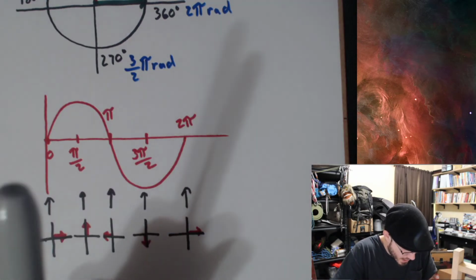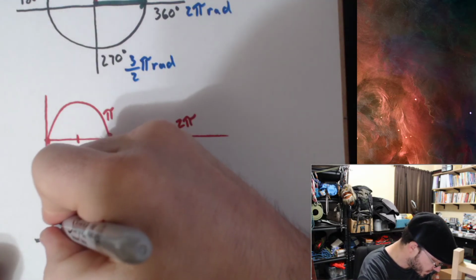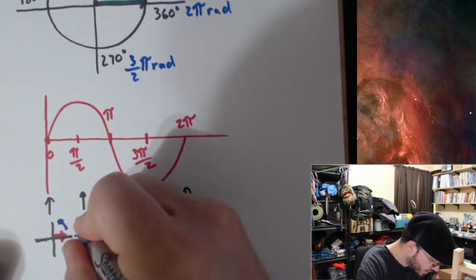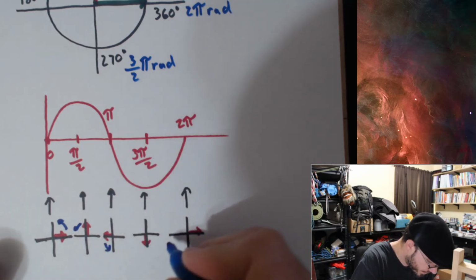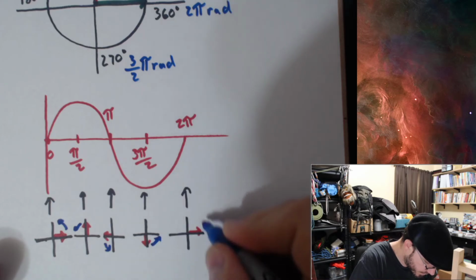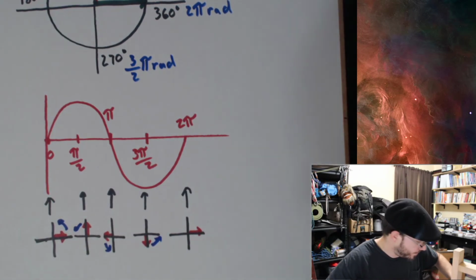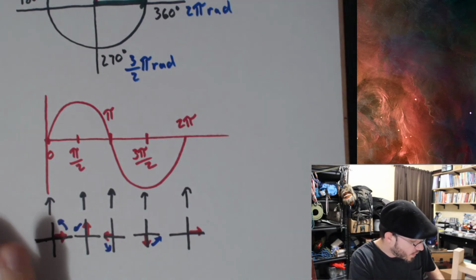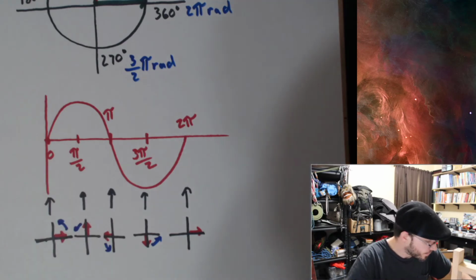So you can see that we're allowing this vector to rotate until we're back where we started. And so we've just started representing our sine wave.